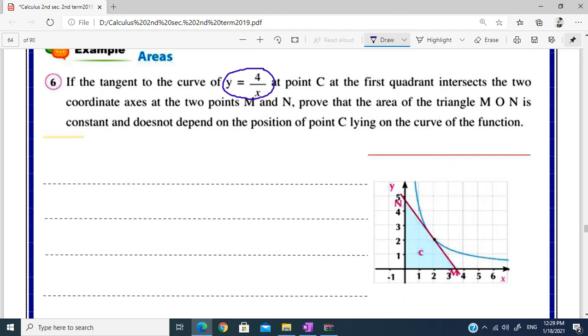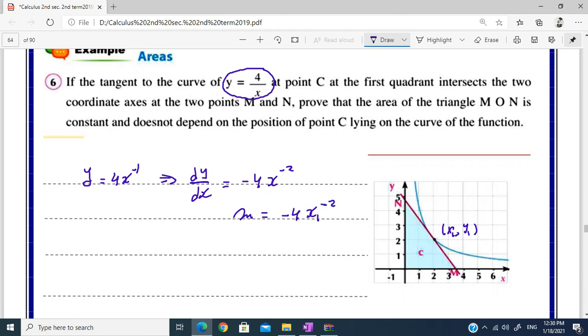So y equals 4 over x, we can write it as 4x power negative 1, and the derivative of the function dy over dx equals negative 4x power negative 2. At point C (x1, y1), we can get the slope of the tangent. So the slope of the tangent is negative 4x1 power negative 2.